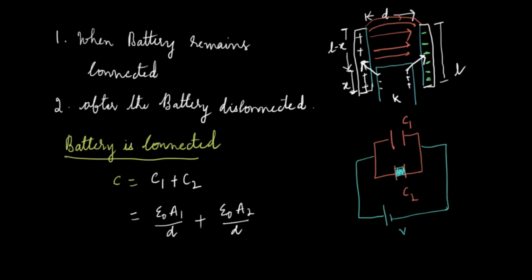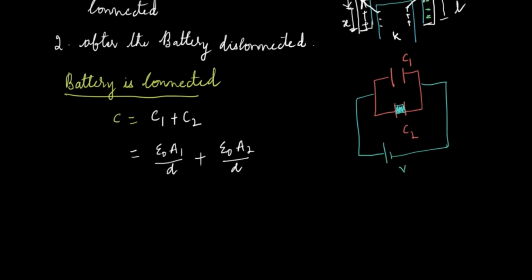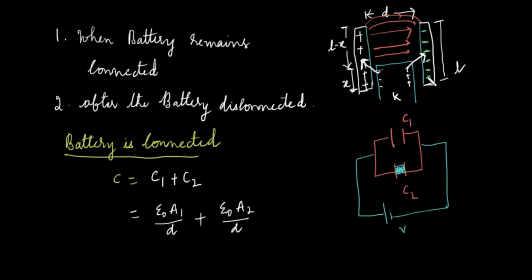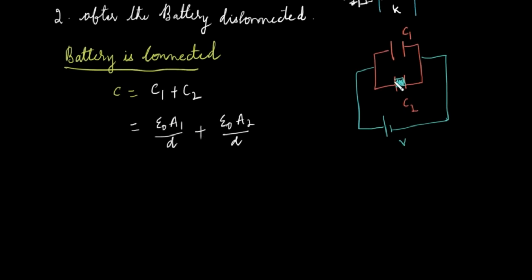The area with the dielectric is A2. Now I considered them parallel, and when parallel, the effective capacitance is C1 plus C2. So this is epsilon naught A1.